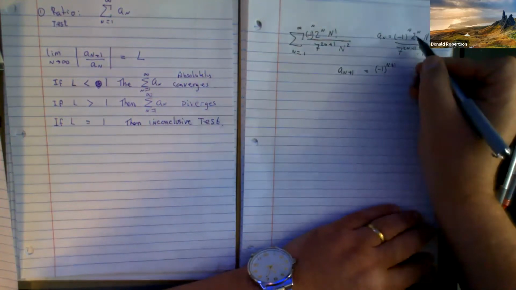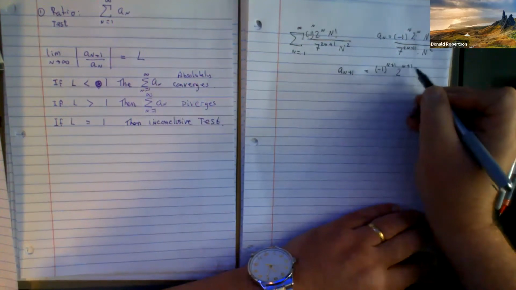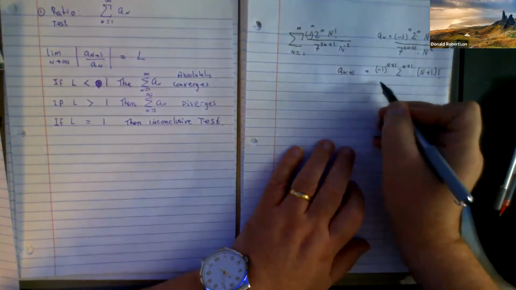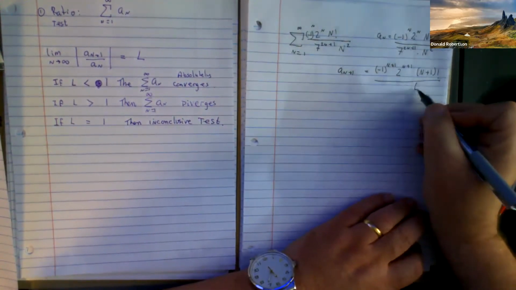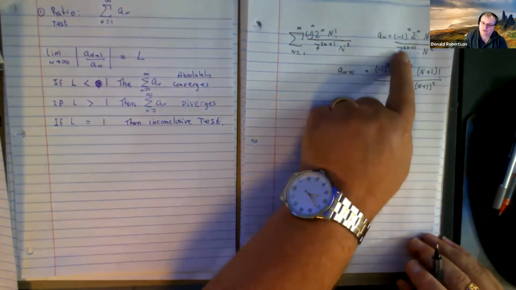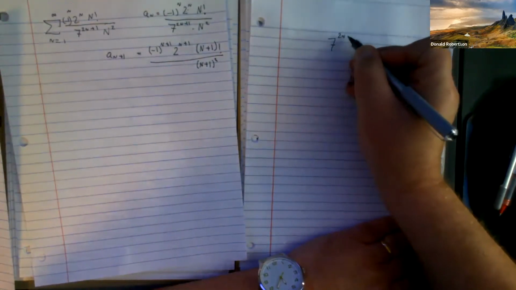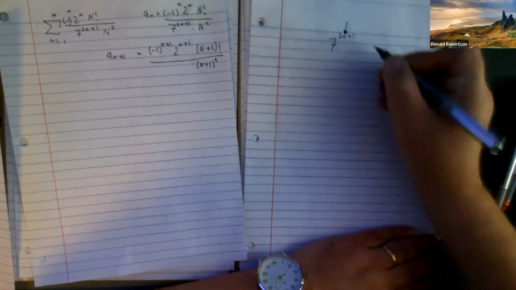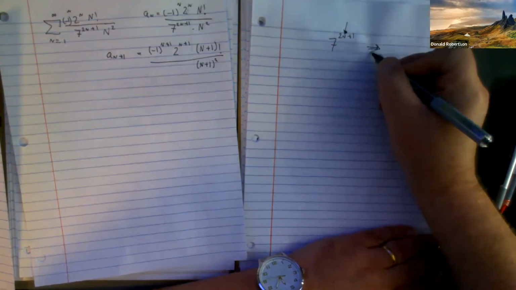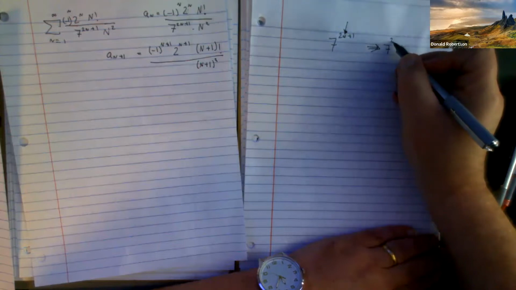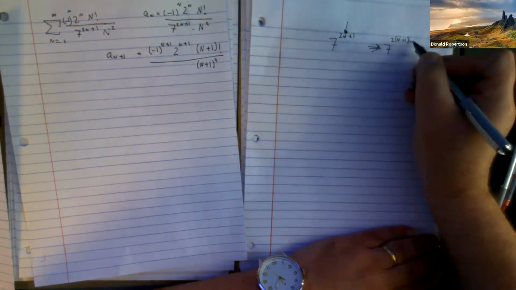So that guy, 2 to the n becomes 2 to the n plus 1, n factorial becomes n plus 1 factorial, n squared becomes n plus 1 squared. That's the one that's going to catch us: 7 to the 2n plus 1. You are going to replace only that n with n plus 1. So you get 7 to the 2 lots of n plus 1, add 1.